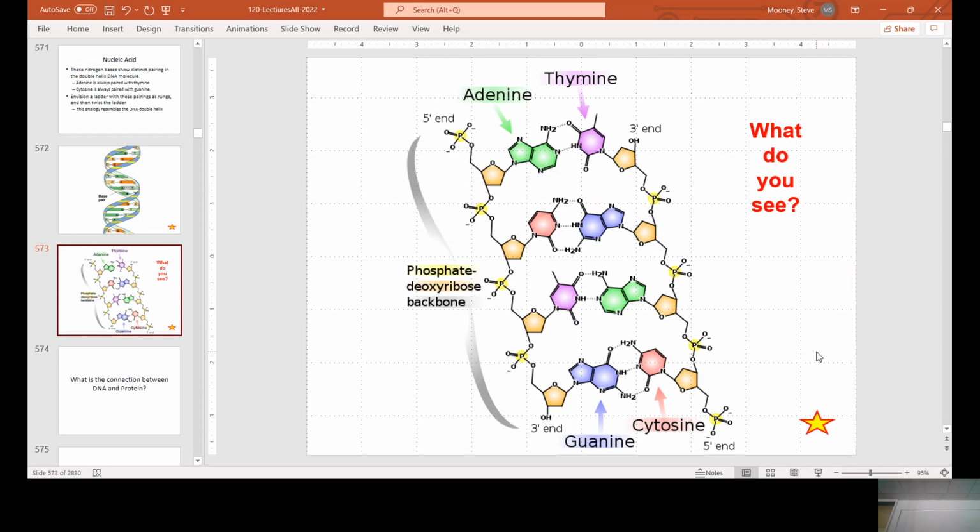A and T, T and A, you've got 1, 2 hydrogen bonds. Guanine and cytosine, 1, 2, 3 hydrogen bonds.